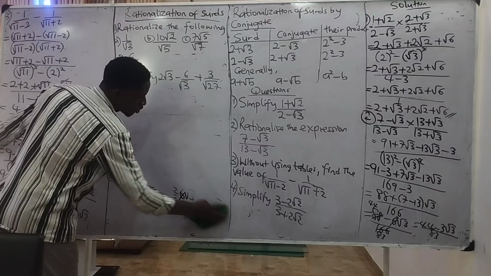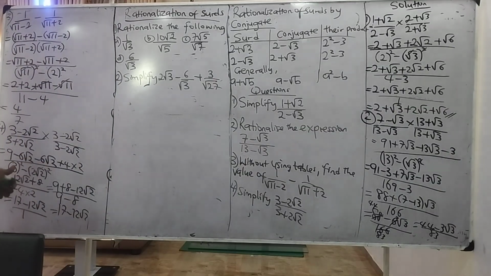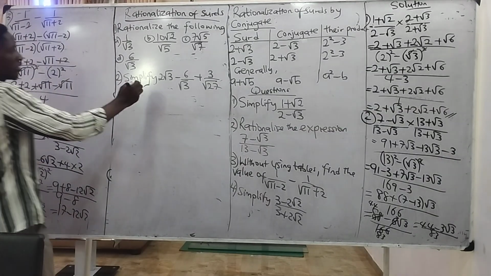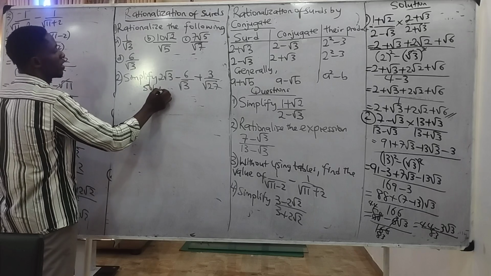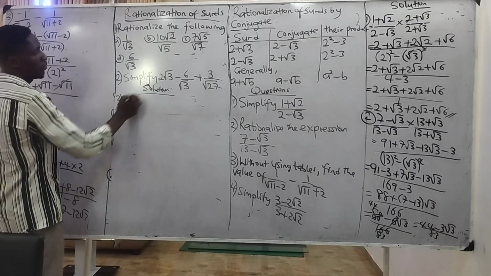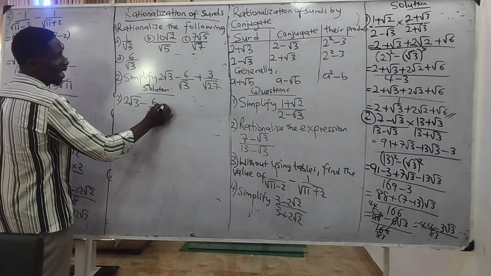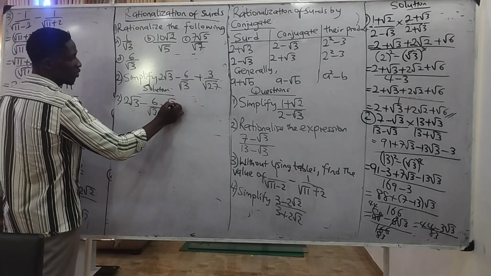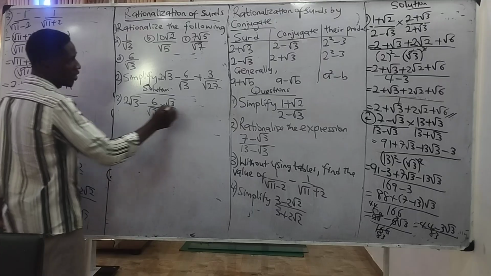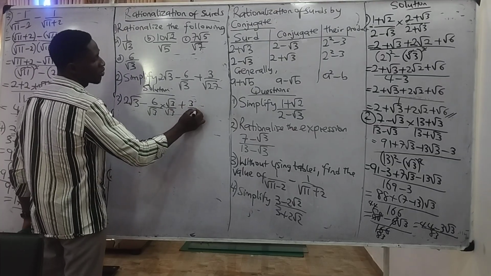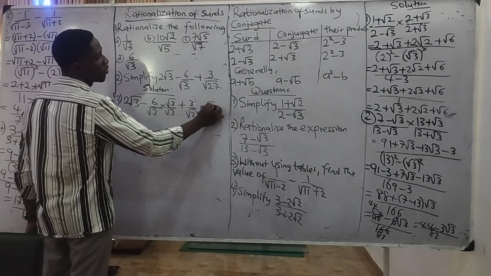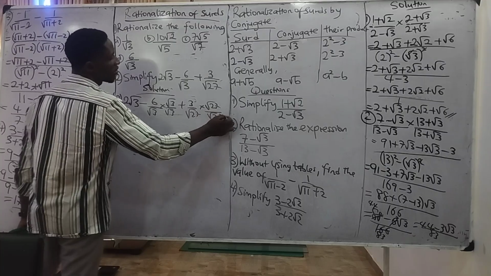I wanted to explain how to divide before we go to this. So let's go to this number 2 question here. We have 2 root 3 minus 6 over root 3, times root 3 over root 3. Remember, plus 3 over root 27, times root 27 over root 27.